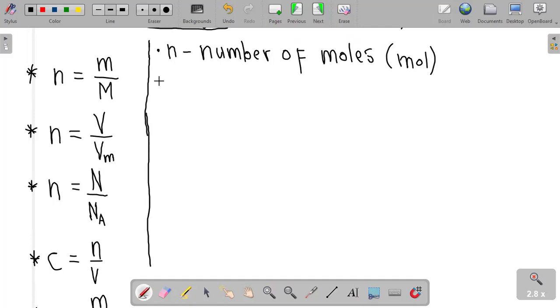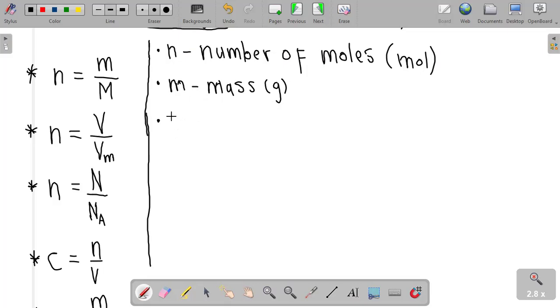And then we have the small letter m, which is the mass, and the unit of measurement is grams. Okay.